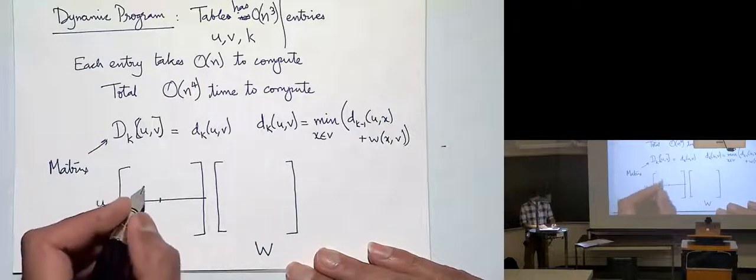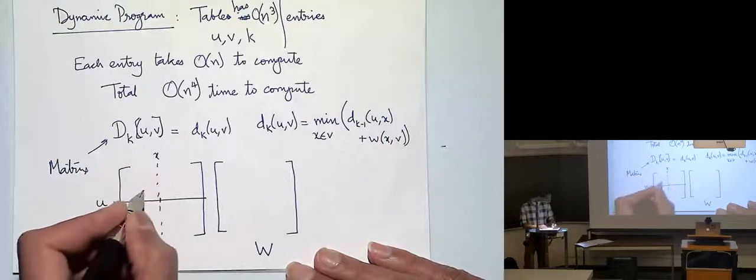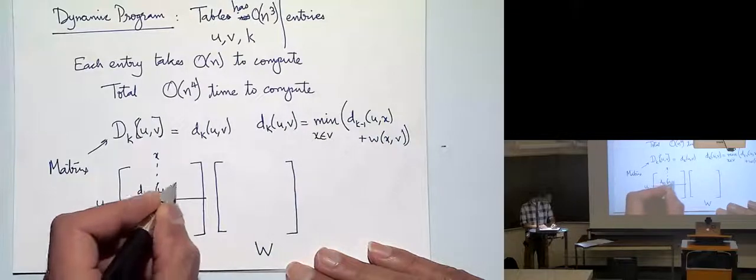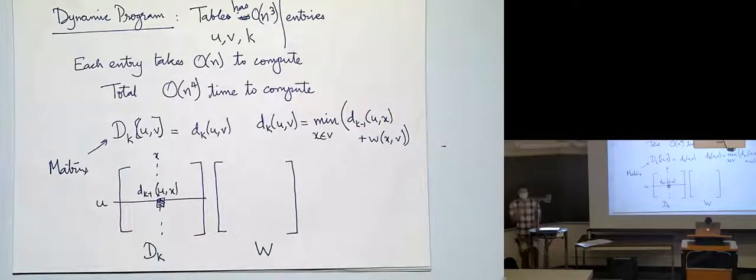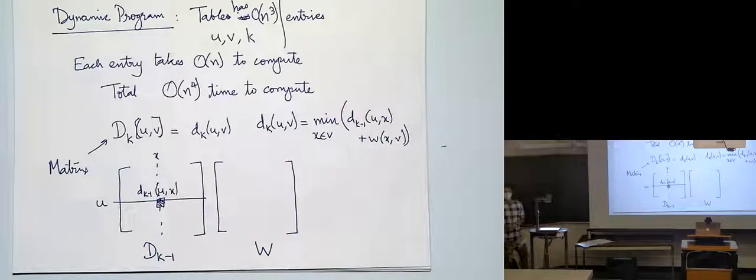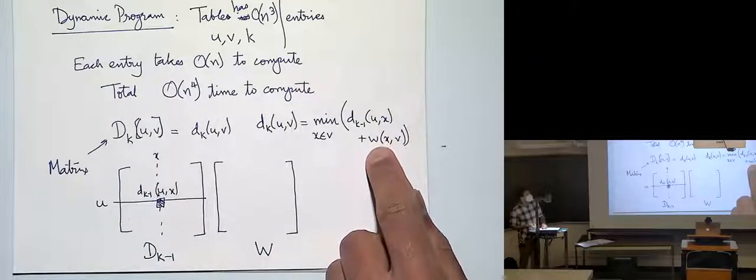So this entry over here, if I look at the xth entry here, this is just d_{k-1} of ux, right? That's exactly what you have at that row and column position. Wait, shouldn't it be d_k? I'm sorry. That was an easy fix. Now you're adding that to w_xv.